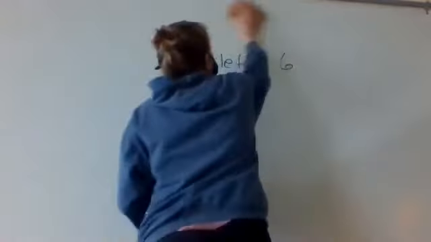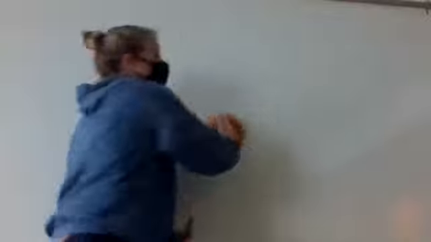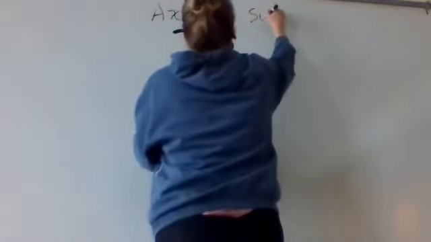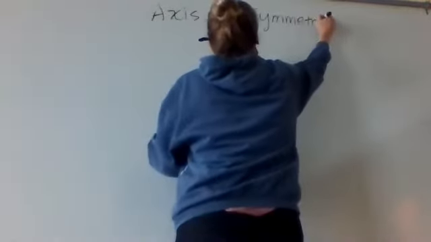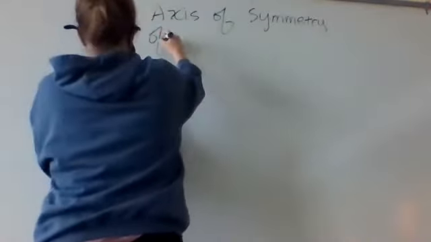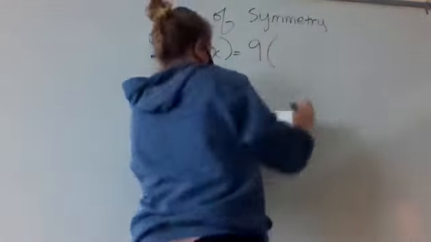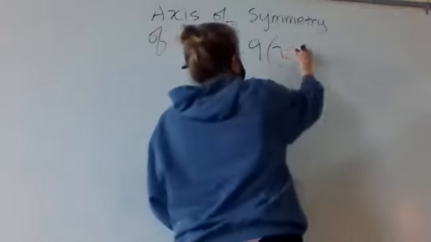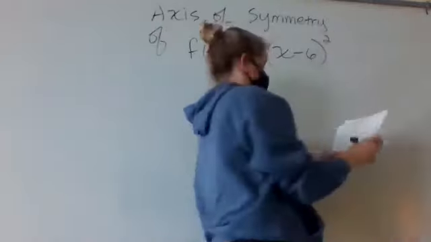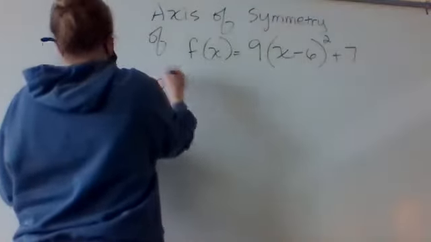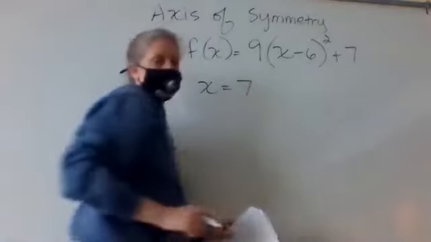All right, number 7 also goes back to our transformation section. It says the axis of symmetry of f of x equals 9 times x minus 6 squared plus 7 is x equals 7.